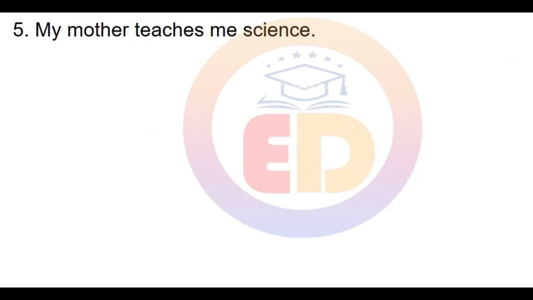My mother teaches me science. My mother is the subject. Teaches is the first form of the verb. Science is the object. Now here the construction will slightly change in the simple present tense. Science, since it is singular, use the helping verb is.